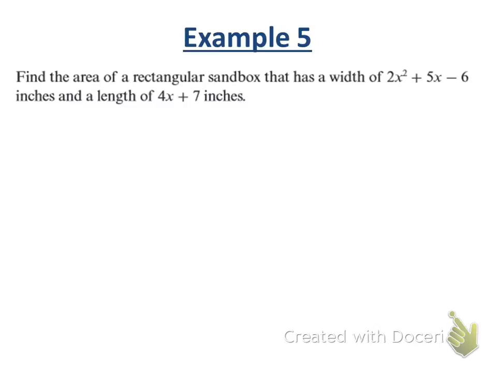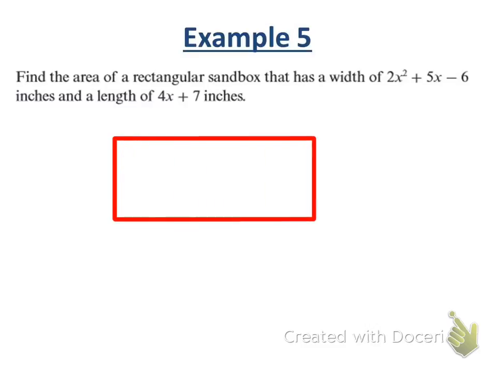All right. Last example. Find the area of a rectangular sandbox that has a width of 2x squared plus 5x minus 6 and a length of 4x plus 7. Now, it's not absolutely necessary in this particular problem, but I want to tell you that there's extreme value to always drawing a picture. Always draw a picture, okay?